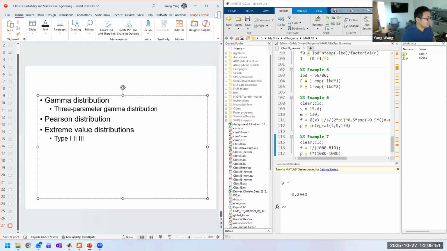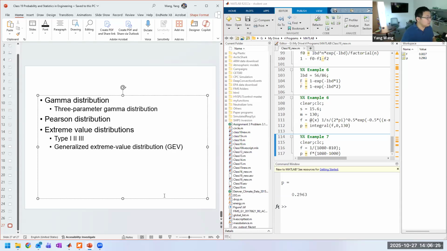Further, you could have the general type extreme value distribution, the generalized extreme value distribution, or what people call GEV.